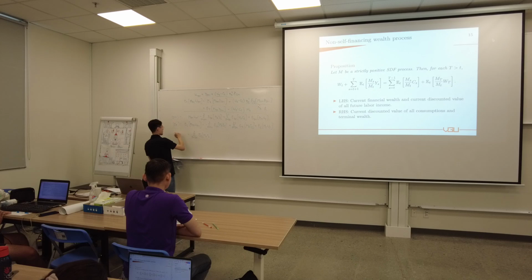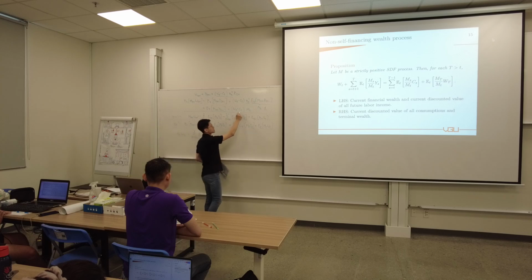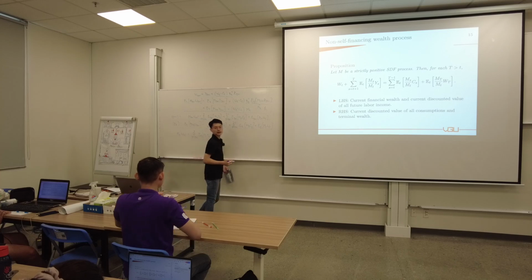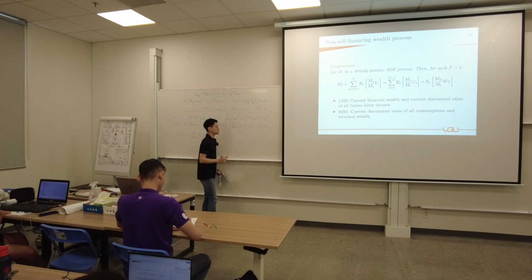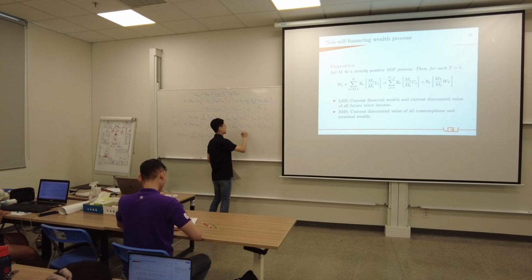So we have m_τ, w_τ on the left-hand side, and c_τ m_τ. On the right-hand side, we have the conditional expectation of m_s c_s. And conditional on time τ information, what is m_τ c_τ?